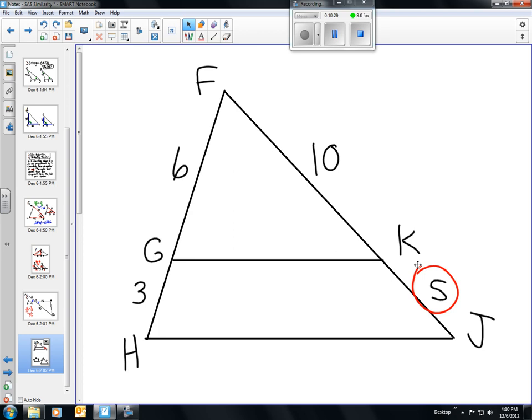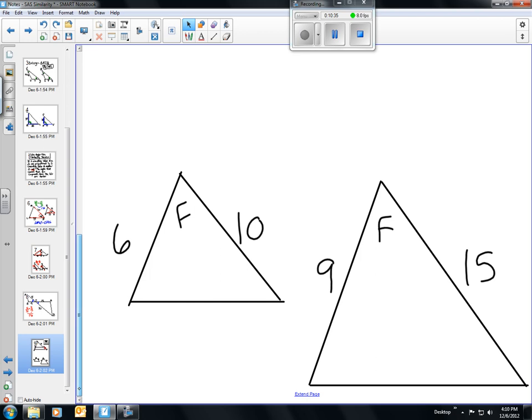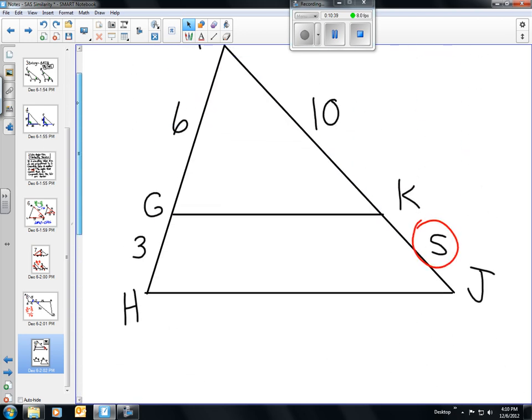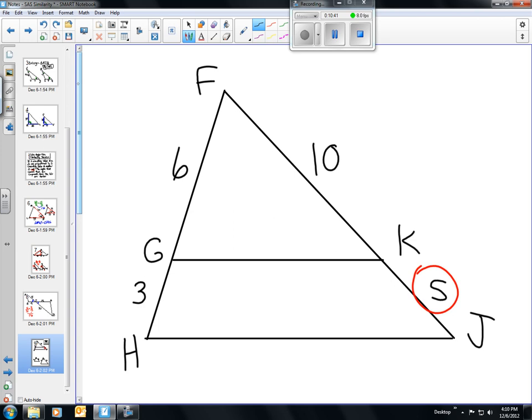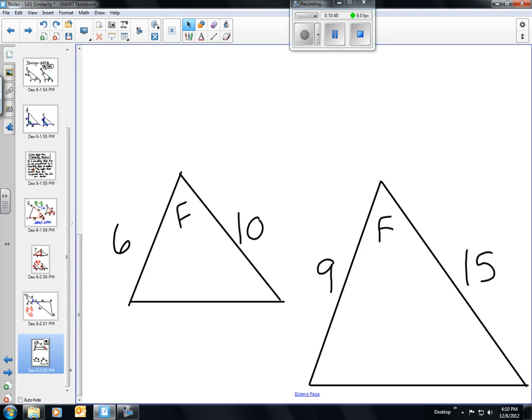But maybe a way to look at this a little differently would be to draw the two triangles separately, and that's what I did down here. And so you see that the F angle is actually shared on both triangles. So F, being this angle right here, is shared on both triangles. So that's the common angle that's congruent to both of them. We know it's congruent. And so the two sides obviously are converging at that angle.